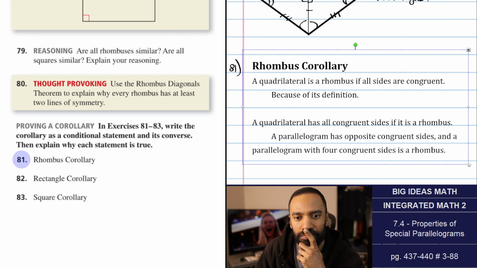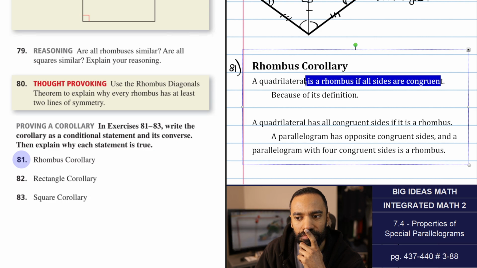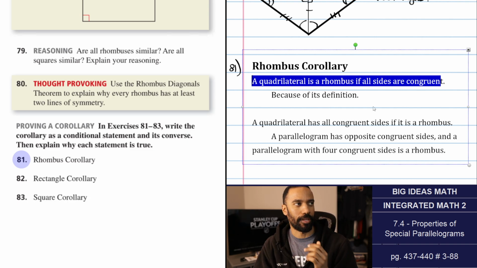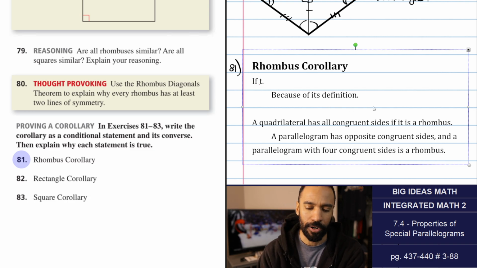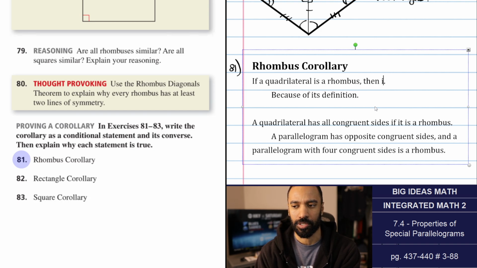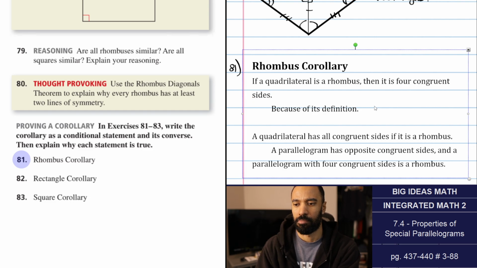So let me do this again. I was trying to do the corollary with the if and only if. So I want to say if a quadrilateral is a rhombus, then it has all congruent sides. I'm going to say 4 congruent sides, because of its definition.